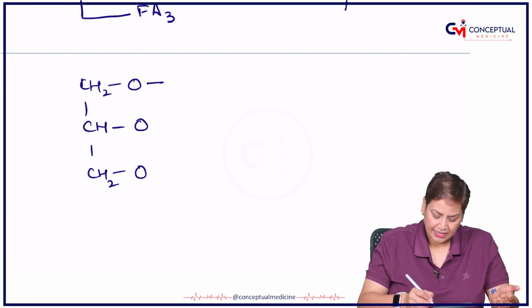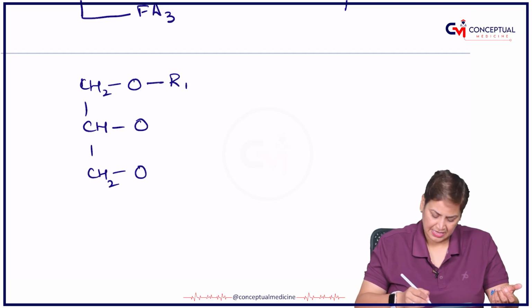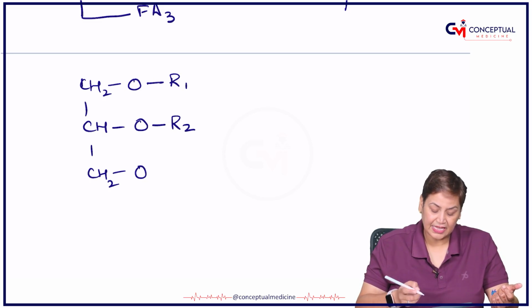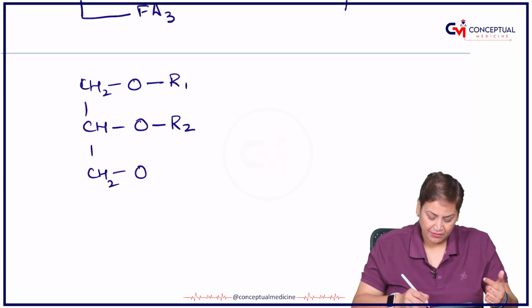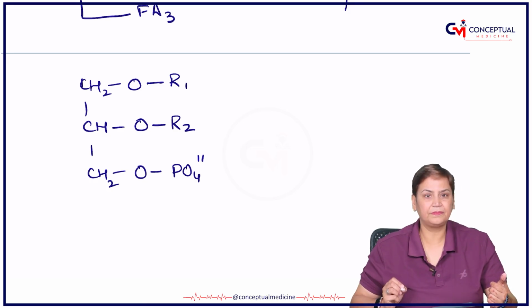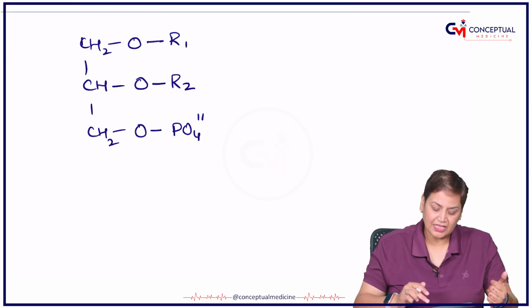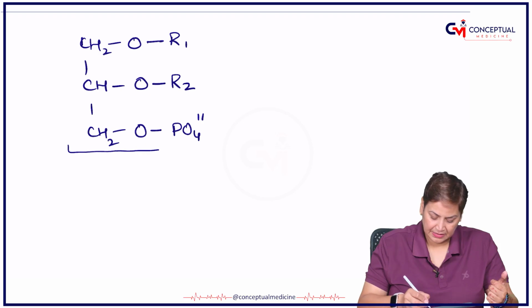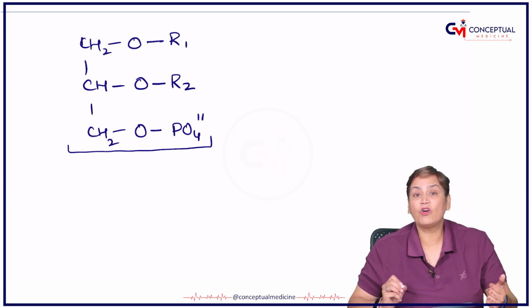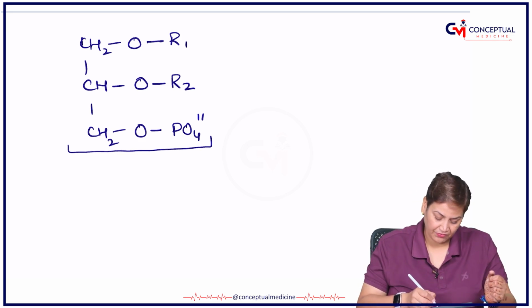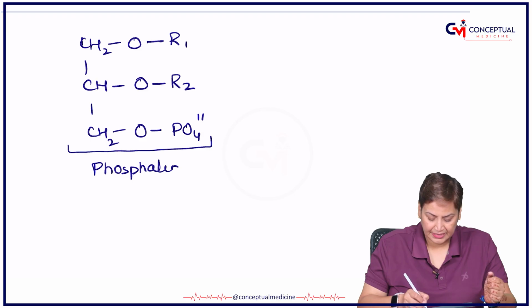Here the fatty acid is there, here again a fatty acid is there, but the third carbon atom will be attached to a phosphate. This entire structure we will call phosphatidic acid.